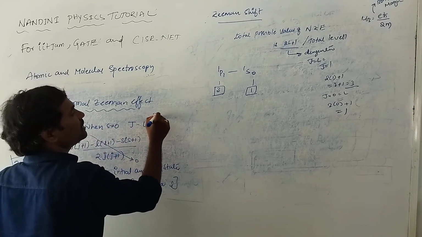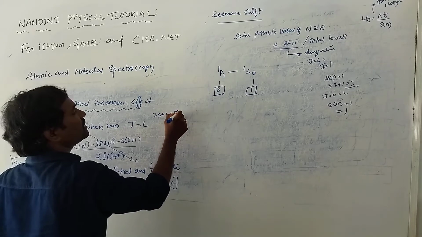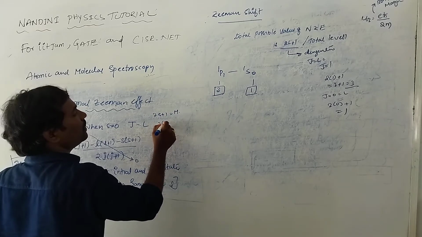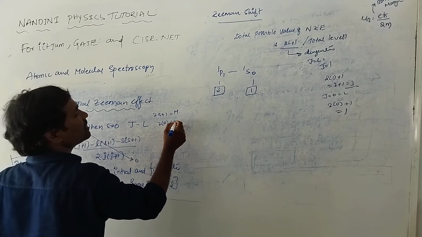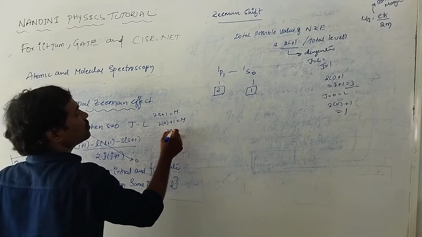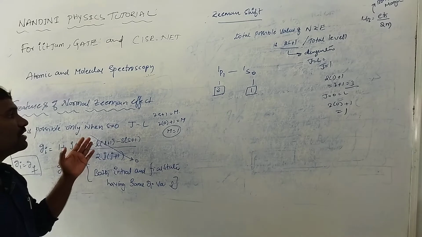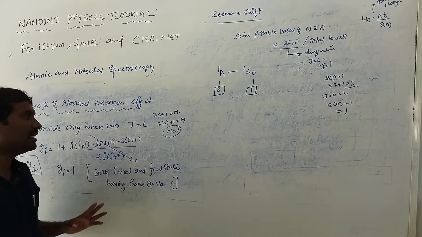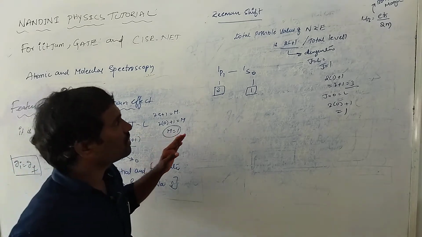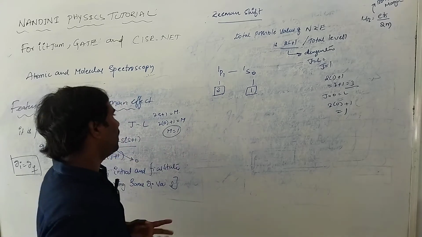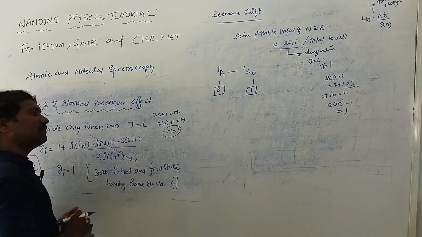Multiplicity is 2S plus 1. So if S is equal to 0, then 2 into 0 plus 1 is multiplicity 1. So this transition is allowed only when multiplicity is 1, when S is equal to 0.